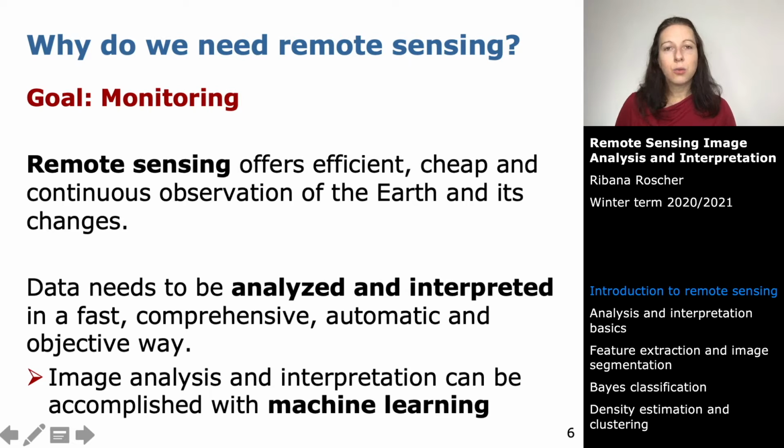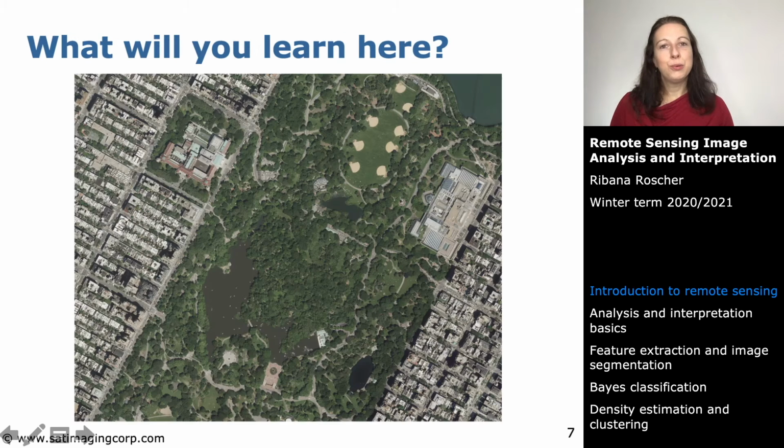In this course, we talk especially about image analysis and interpretation, and there too we can accomplish and solve a lot of tasks with machine learning. And this brings me to the point of what you will exactly learn in this course.